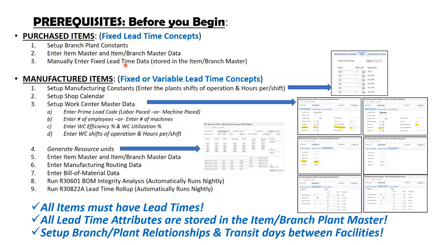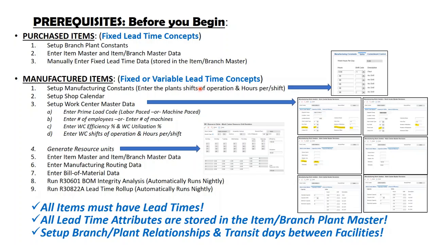Other prerequisite master files needed for make items are: the user must be familiar with the manufacturing constants. And there is a key attribute in the manufacturing constants for our facilities where we operate in called the work hours per day.